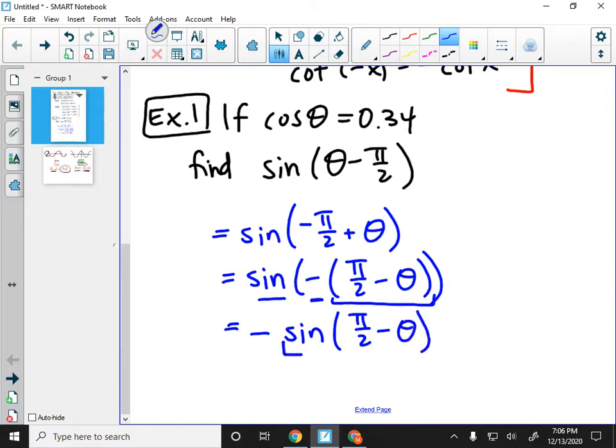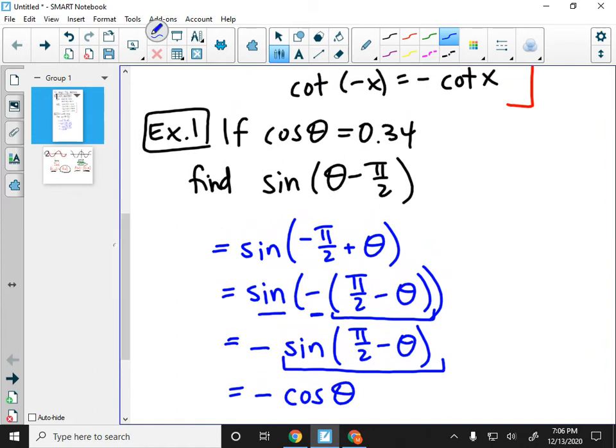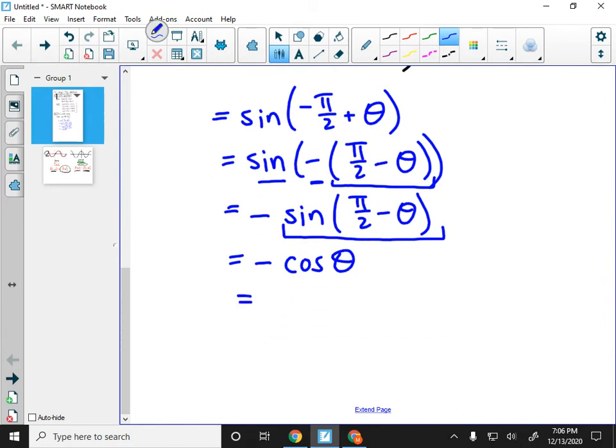And then my cofunction identity, which we talked about earlier, says that sine of pi over 2 minus theta is really cosine of theta. So to answer this one, I need to take the opposite of cosine of theta. And at the very beginning, they said a positive cosine of theta is 0.34. So this one would have to equal a negative 0.34.